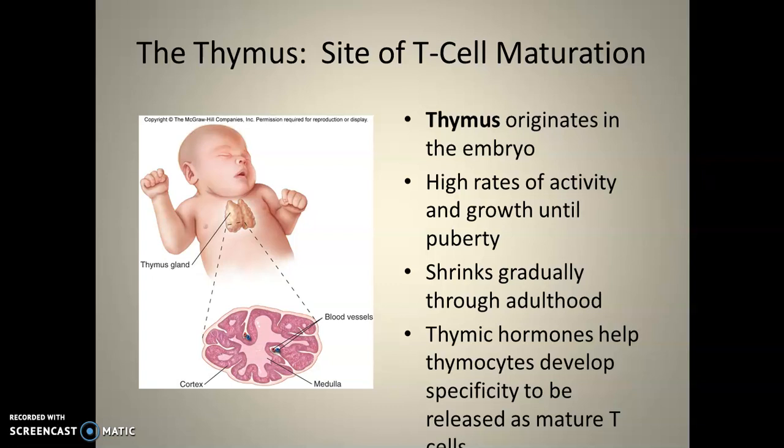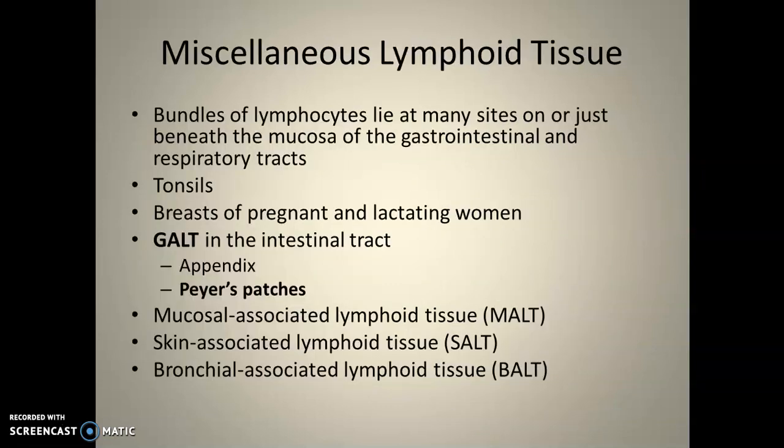You tend to have a more active or larger thymus when you're a child because it's very active trying to establish your immune system. Once your immune system is a little bit more established and you get older, your thymus tends to shrink.